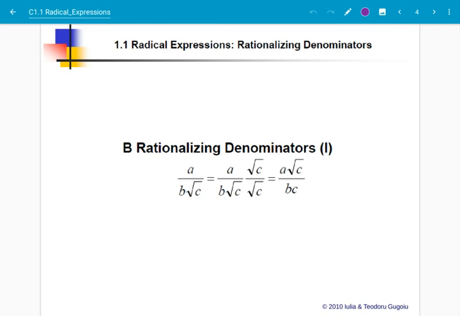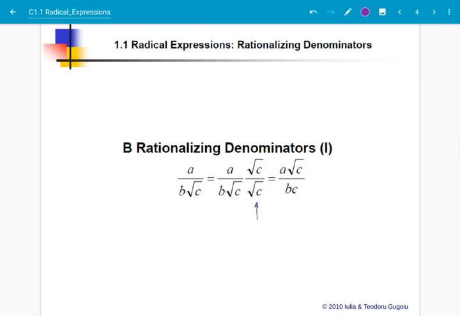Rationalizing denominators, right? Proper form means the denominator is rationalized. We're also going to use rationalizing to simplify expressions when we're finding limits, okay? But it's still a skill to rationalize the denominator, to have things in proper form. So we have a over the square root of b times the square root of c.